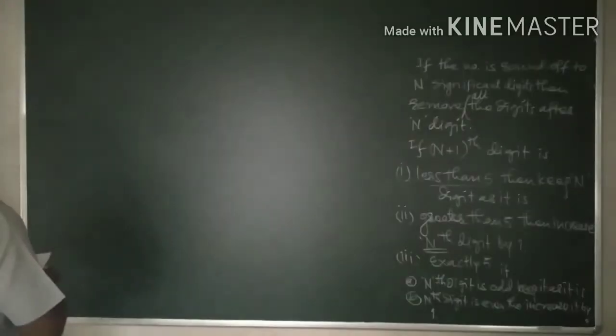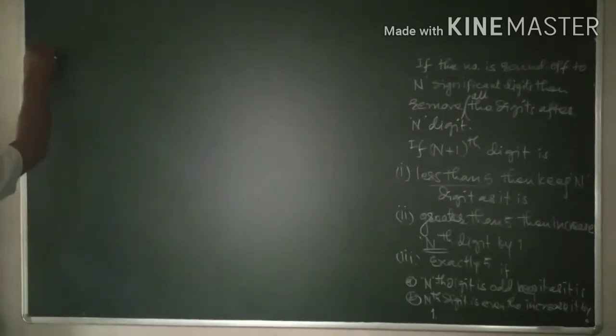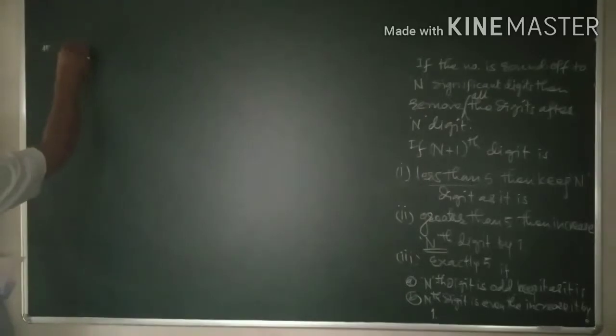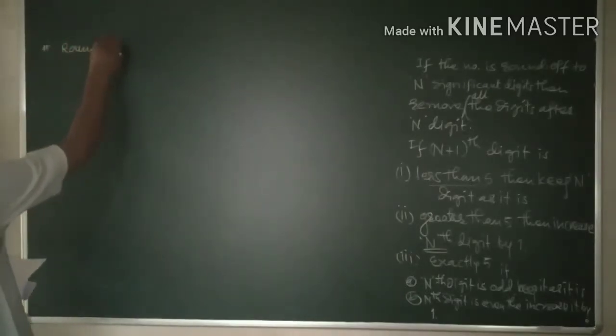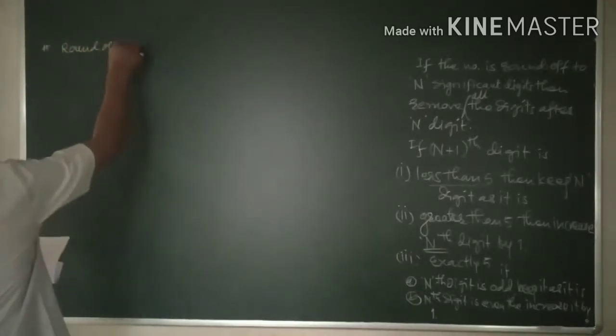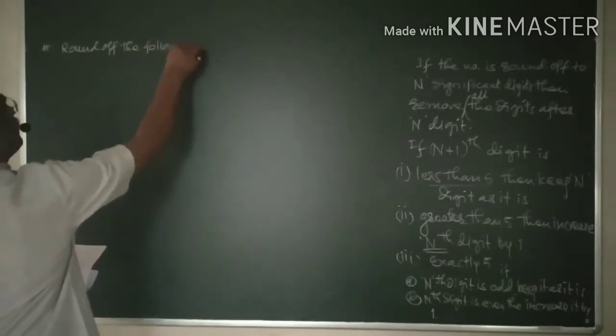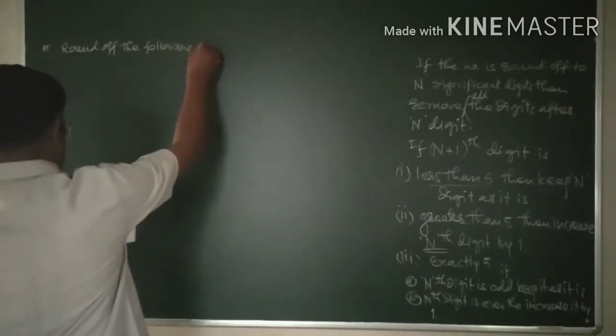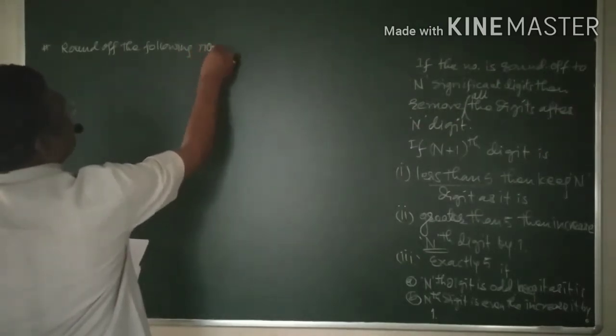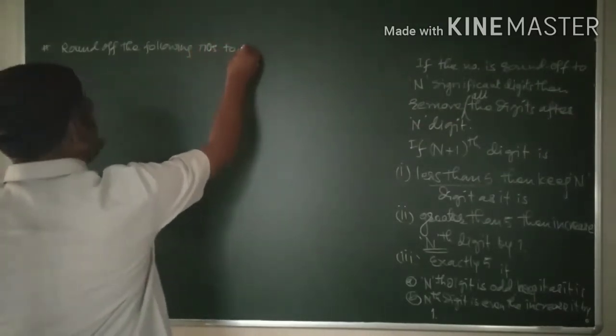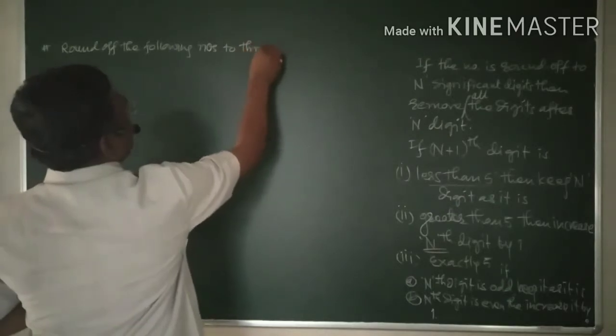Example one. Round off the following numbers to 3 decimal places.